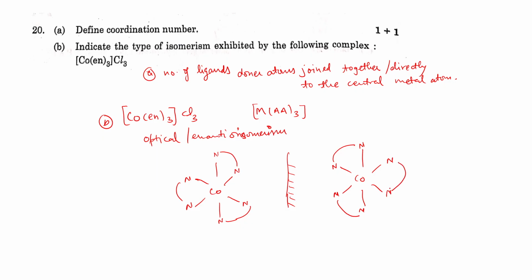So these two are mirror images which are non-superimposable. So they are enantiomers. These are called enantiomers. So they exhibit this type of isomerism.